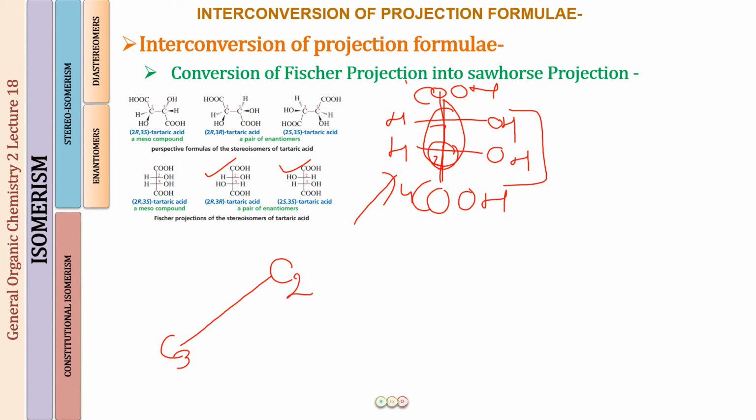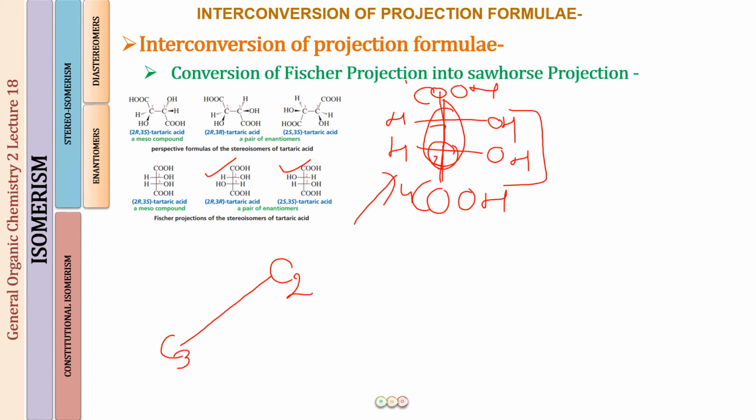Now once you have done that, first of all, whenever you have a Fischer projection, we always convert it into its eclipsed Sawhorse projection. That is what you have to really remember. And then we can convert eclipsed into the staggered. So what are we going to do? Well, we are going to draw the eclipsed Sawhorse projection.